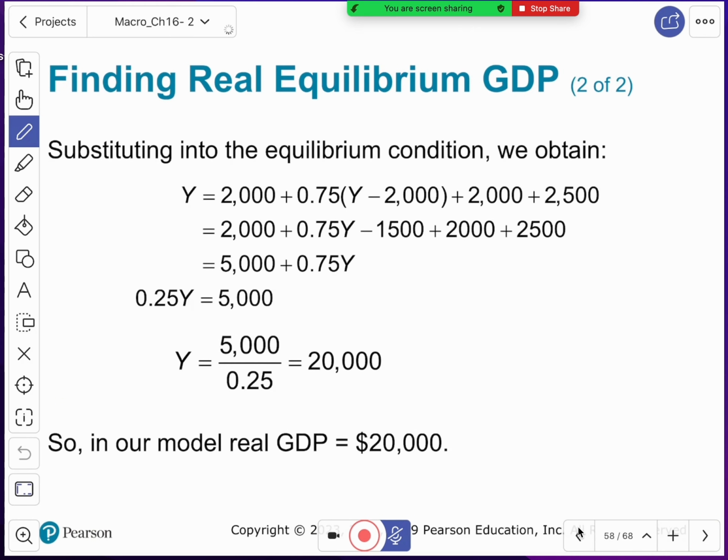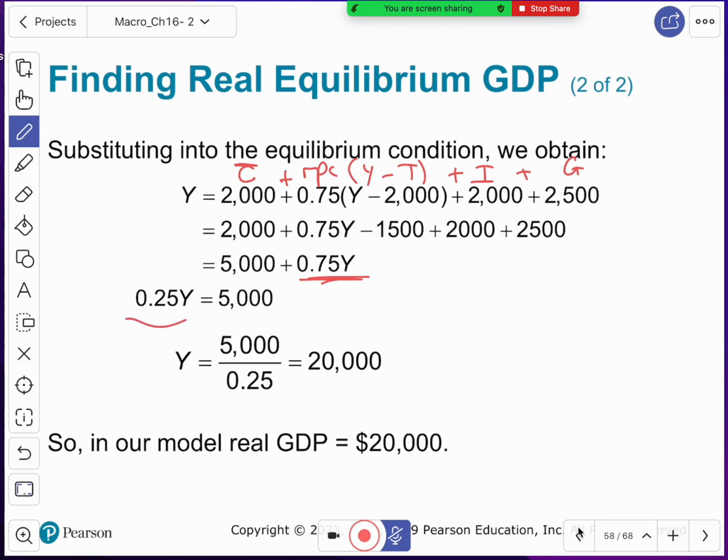All right, so assuming that we want to solve for Y, you just plug in all the variables. So this is C bar plus MPC (Y minus T) plus I plus G, right? And then you have all the numbers, and then you take this to the other side.